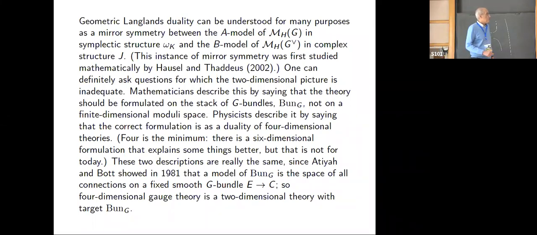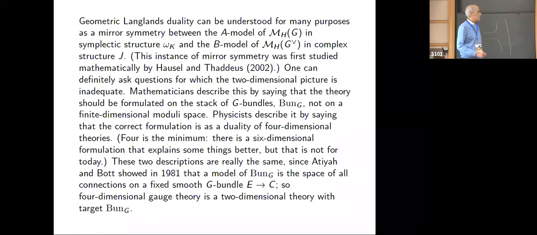So a useful approximation to geometric Langlands duality is that it's mirror symmetry. This Higgs bundle moduli space has a lot of different complex and symplectic structures. But in particular, you could take one of its symplectic structures, which was omega K in Hitchin's notation, and one of its complex structures, which Hitchin called J, and they're actually mirror to each other in the conventional sense of mirror symmetry between symplectic manifolds and complex manifolds.